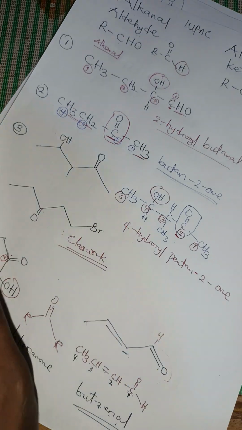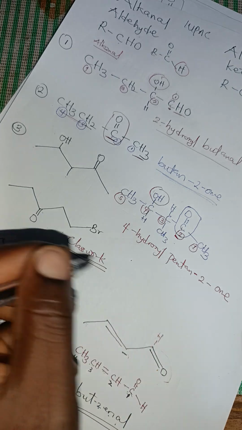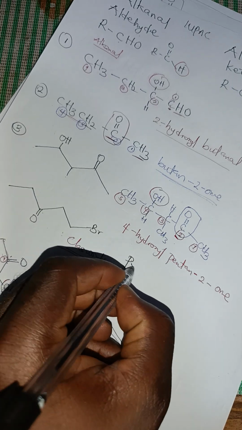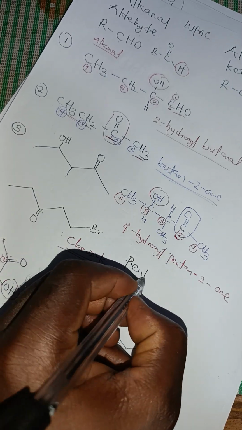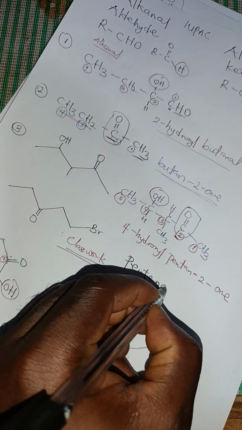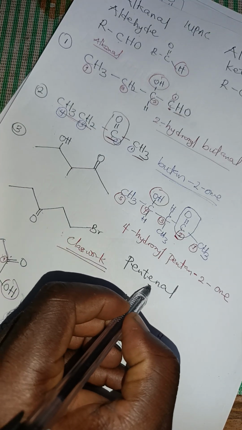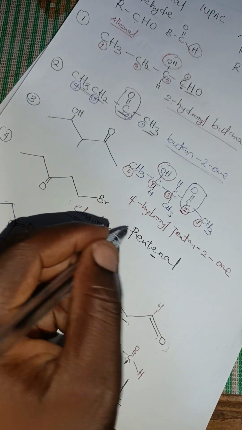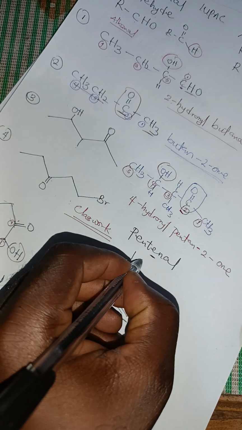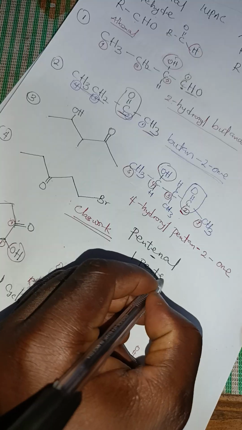Then also try this yourself. Give me pentyne. Pentyne is different from pentane. Pentyne is telling you that there's a double bond. Or I can call it 1-pentyne.